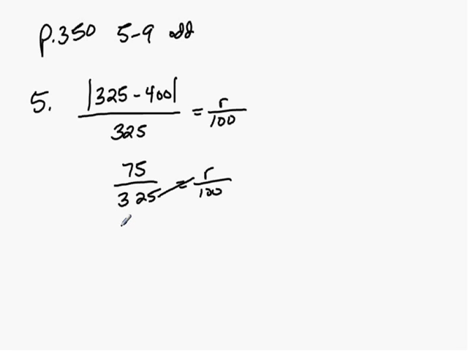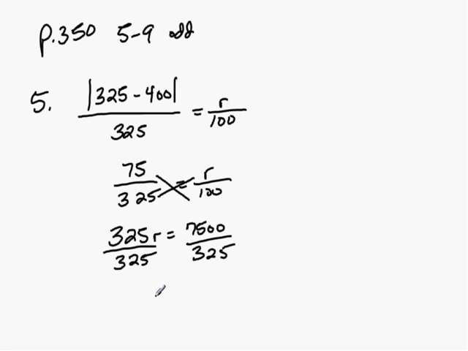I cross multiply. 325 times R is 325R. 75 times 100 is 7,500. Divide both sides by 325. And R will equal 23%.